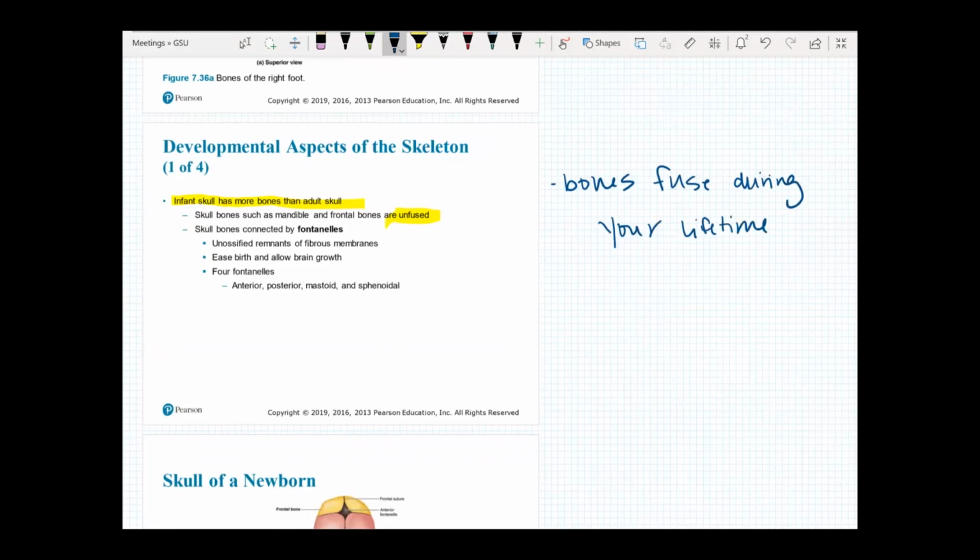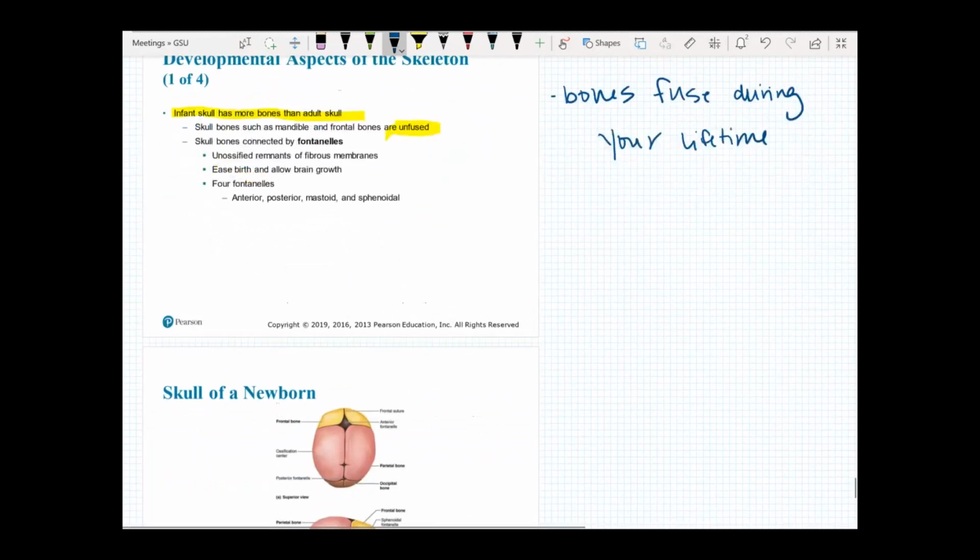One way that we see this fusing the most is in the skull. The skull bones are connected by things called fontanelles. Between your unfused bones, in development and early childhood when your bones have not fused together completely, you will have an area of space and membrane called a fontanelle.